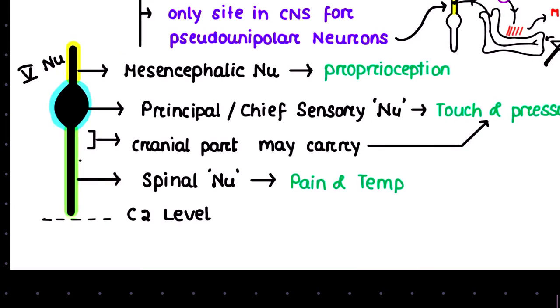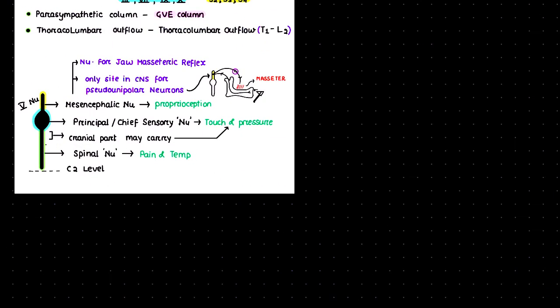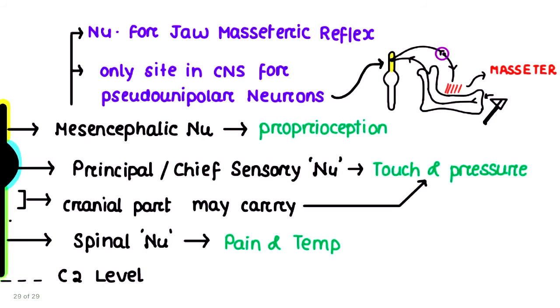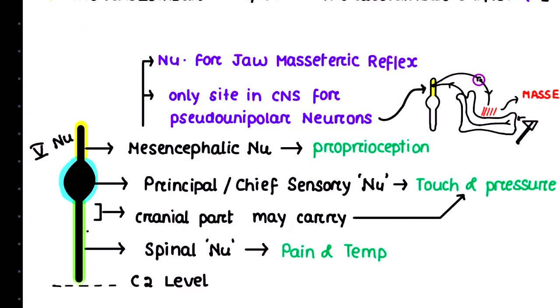Now these have their own characteristics. The mesencephalic nucleus will carry the information of proprioception. Similarly, the principal or chief sensory nucleus will carry the sensation of touch and pressure. The spinal nucleus will carry the sensation of pain and temperature.